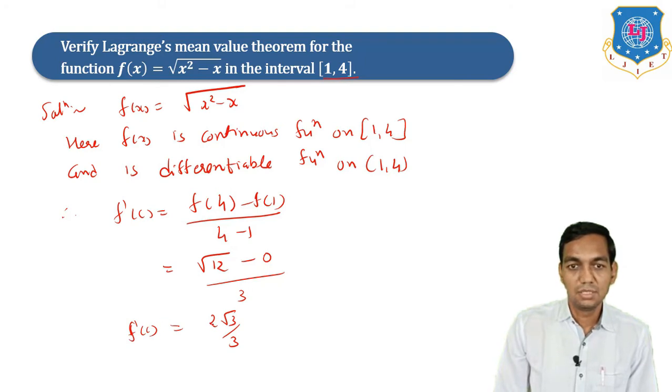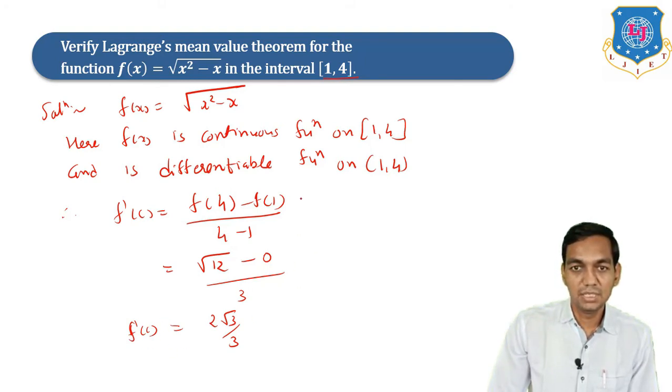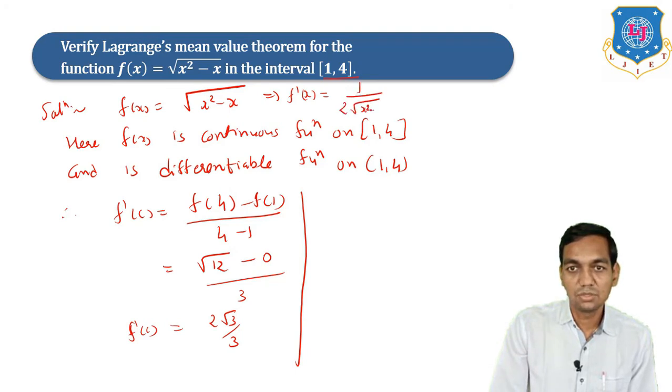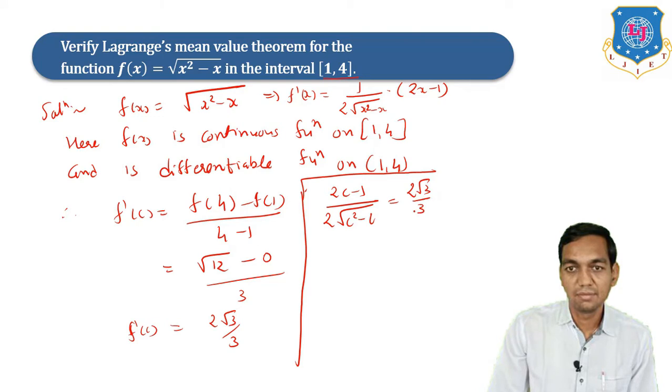That means if you are going to find the values of c, what is the derivative f dash x? Root as a derivative is 1 upon 2 root x square minus x into the derivative of x square minus x, that is 2x minus 1, and that will give you 2c minus 1 upon 2 under root of c square minus c is equal to 2 root 3 by 3.